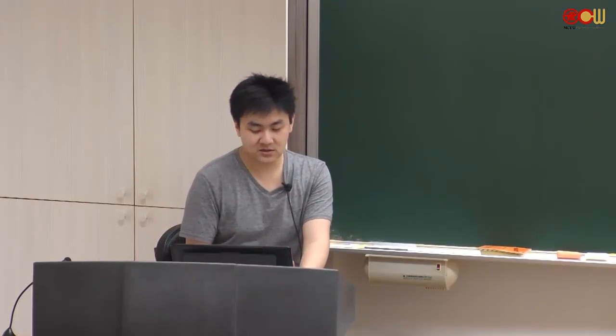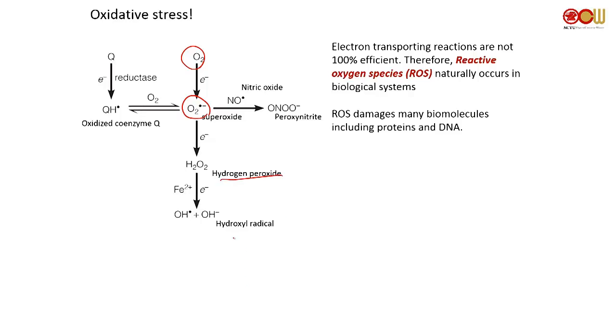那这个 radical 呢 can become a lot of other things. For example, hydrogen peroxide, hydroxy radical, peroxynitrite, oxidized coenzyme Q. Okay, things like that. Okay, so actually, oxidized coenzyme Q, this QH with a dot, if it interacts with oxygen, it can make superoxide. And this happens a lot.